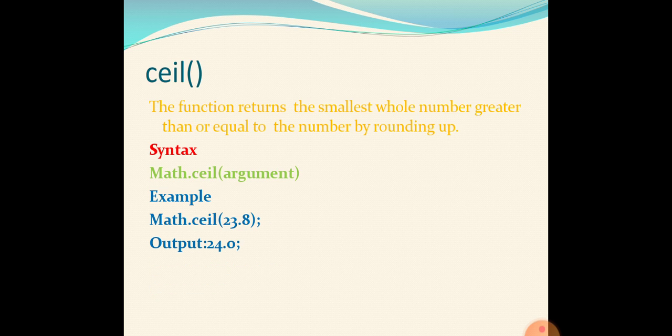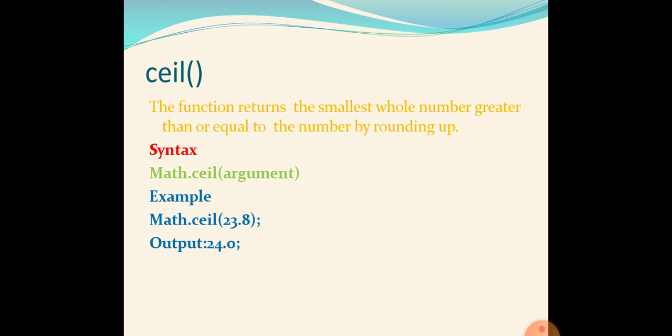The next one is the ceil function. The ceil function is very important. The function returns the smallest whole number greater than or equal to the number by rounding up. As the name ceil means higher value.